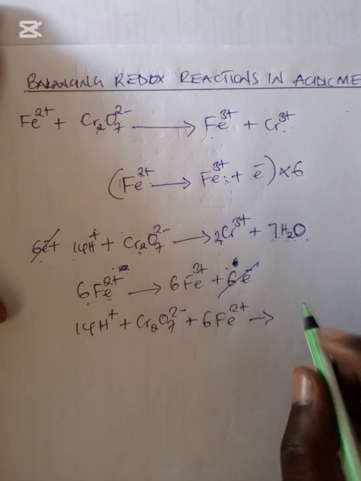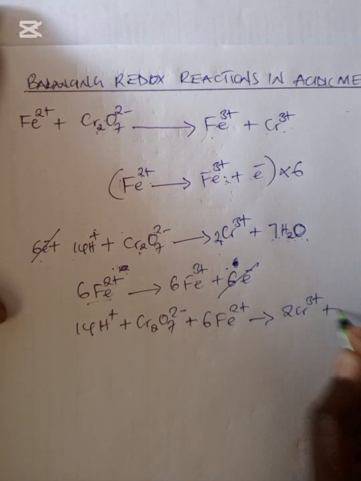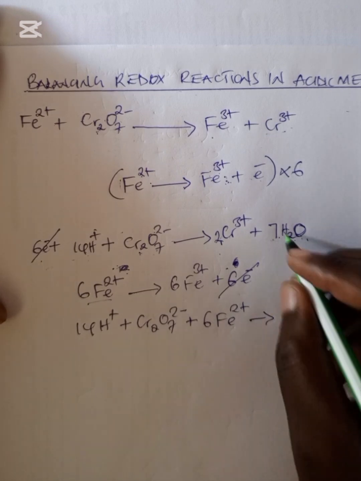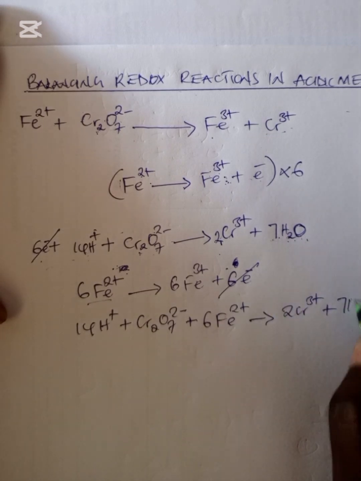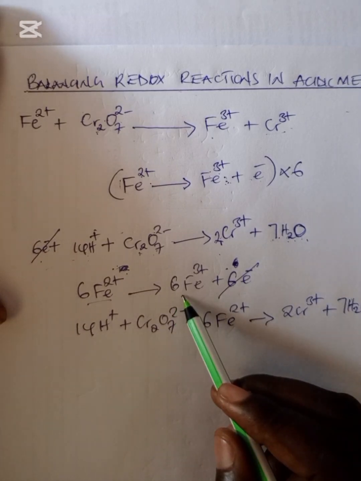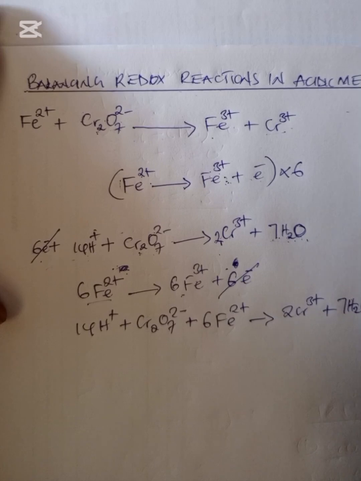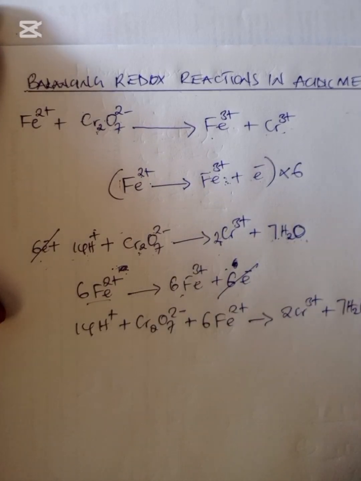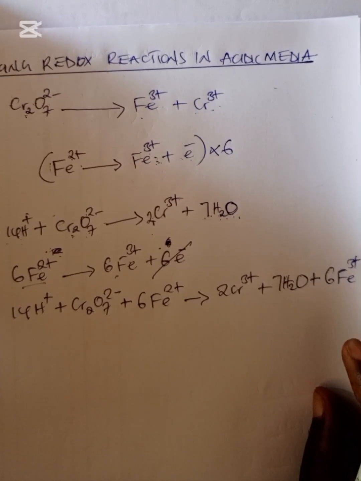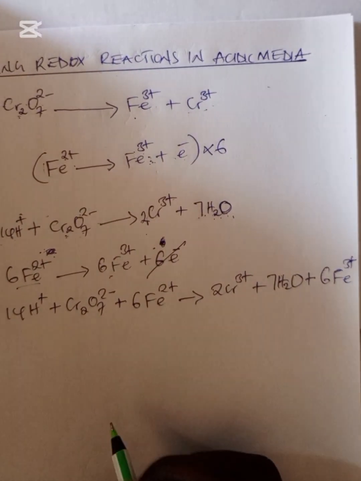So you also get 2 chromium 3 plus, then plus 7 water, plus what you're left with on the other equation, which is 6 iron 3 plus, like this. So this is where we are.